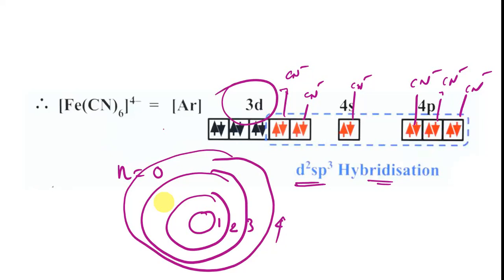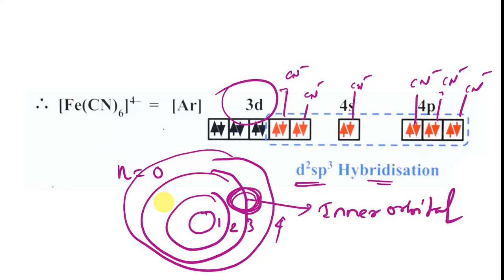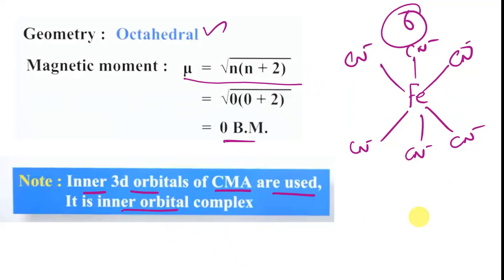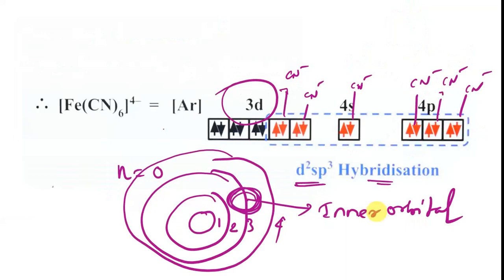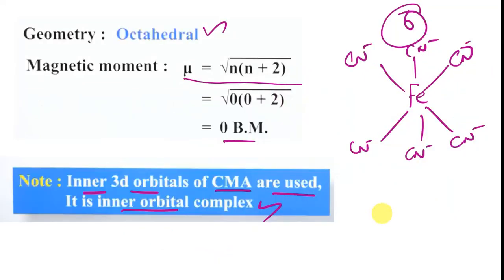So it is bonded with the inner shell, the inner orbital, 3d. So we can call it an inner orbital complex because it has bonded with the inner shell, so we call it an inner orbital complex, right?